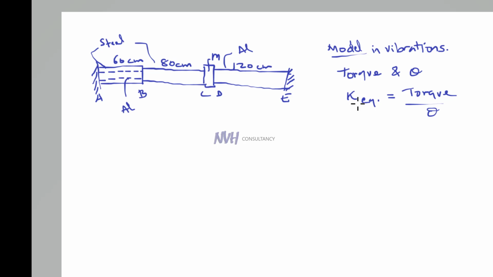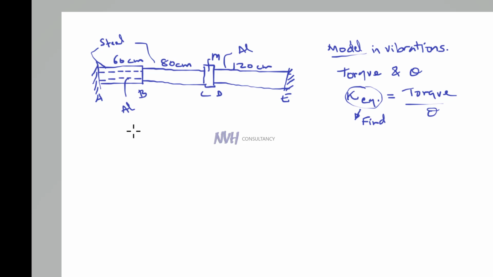This is what we want to find. We'll proceed with finding the torsional stiffness of each section: section AB, section BC, and section DE. Then we'll combine them to find the equivalent stiffness of the entire system.